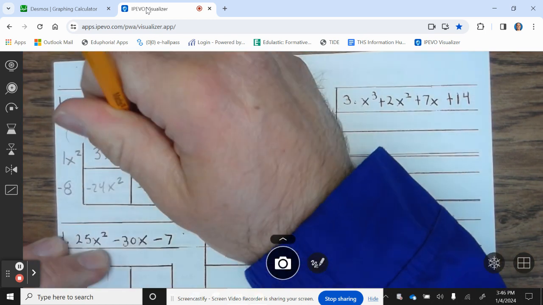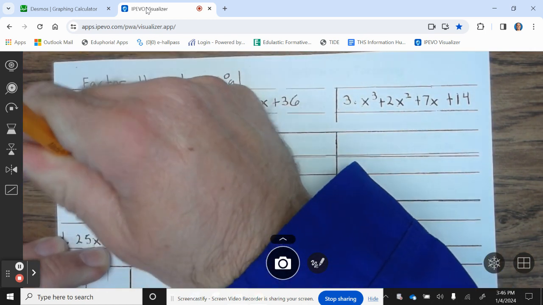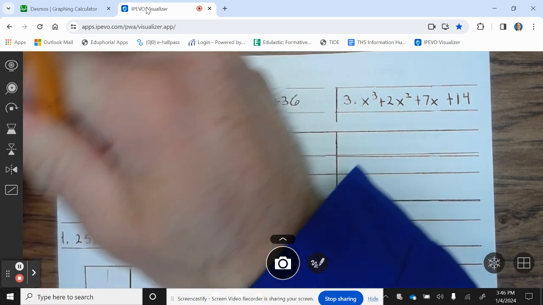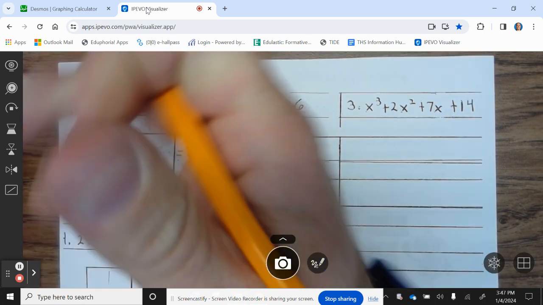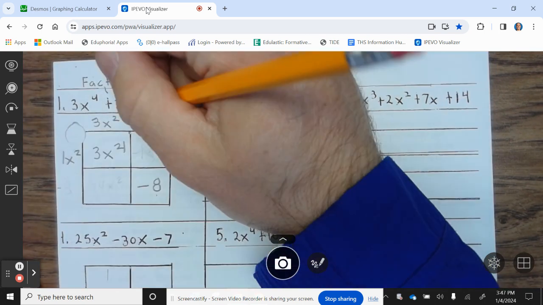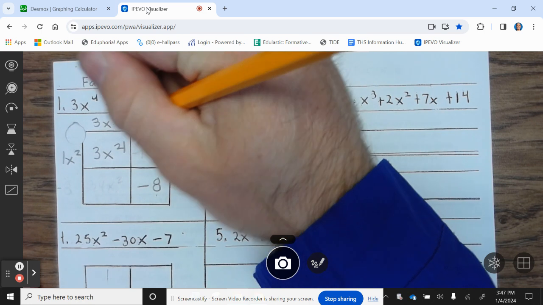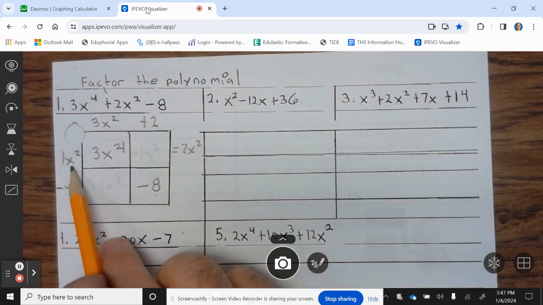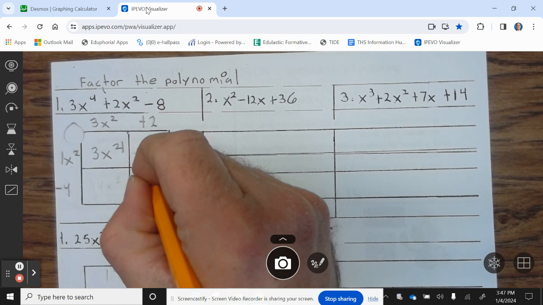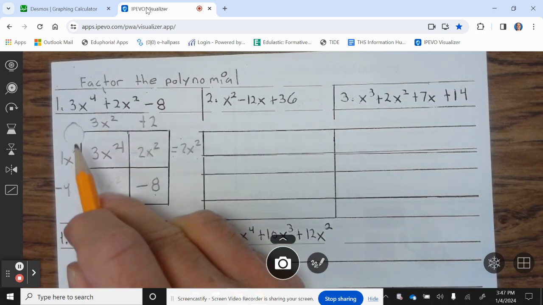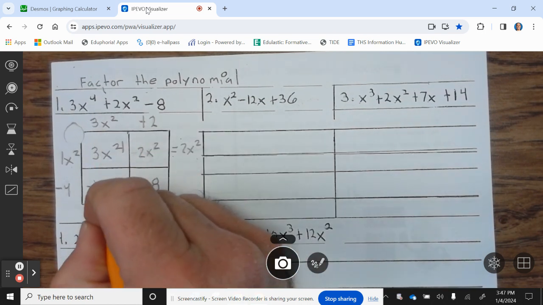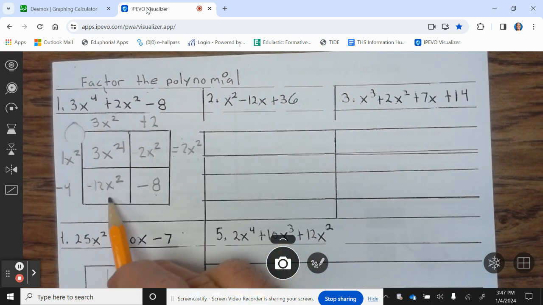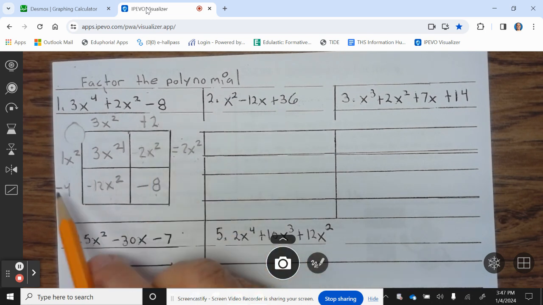So now let's try plus 2, minus 4. Okay, so 1x squared times 2 is 2x squared. Negative 4 times 3 is negative 12x squared. That doesn't combine, so let's try switching these.